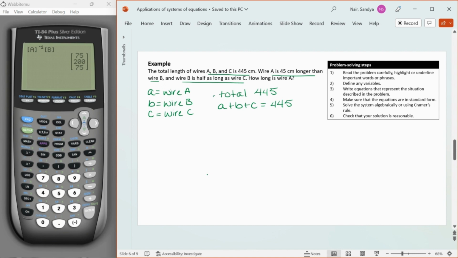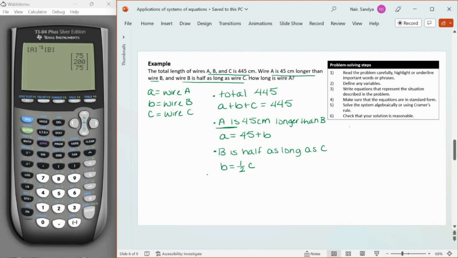Then the next sentence is A is 45 centimeters longer than B. So that translates into A equals 45 centimeters longer than B. So we would say 45 plus B. Okay, and then the next sentence says wire B is half as long as C. So we would say that B is 1/2 of C.